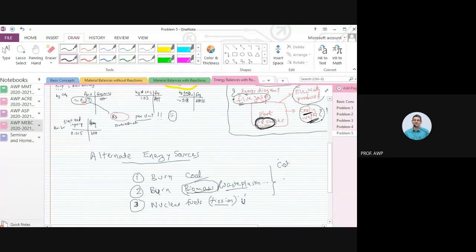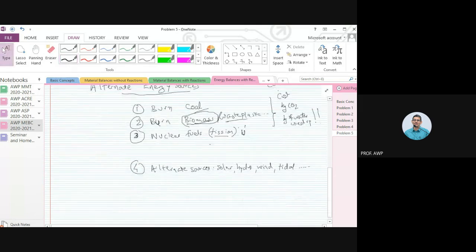Can you think about kgs of CO2? Can you think about kgs of water used up? Can you calculate? Or if you go to alternate sources, solar, hydro, wind, tidal, what is the cost? What is the environmental impact?